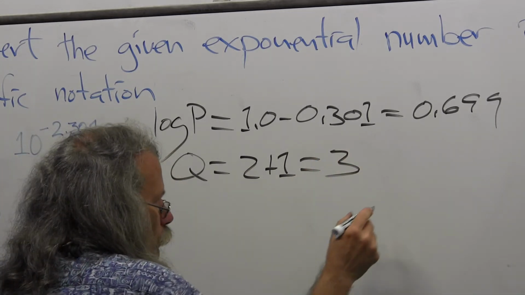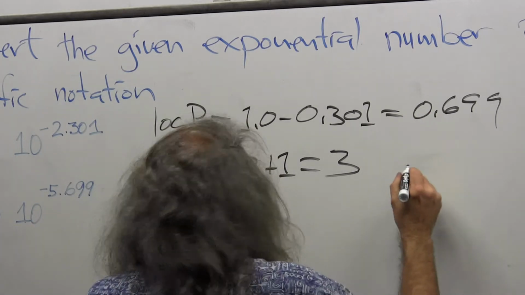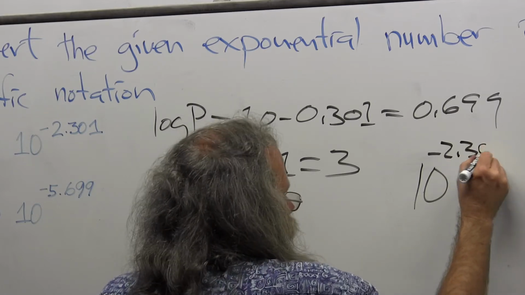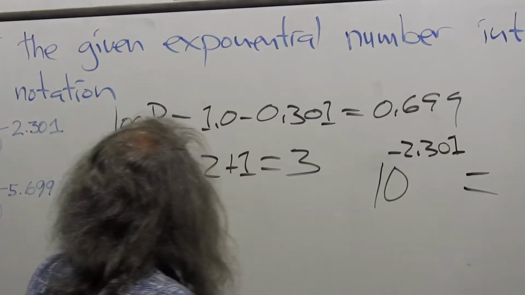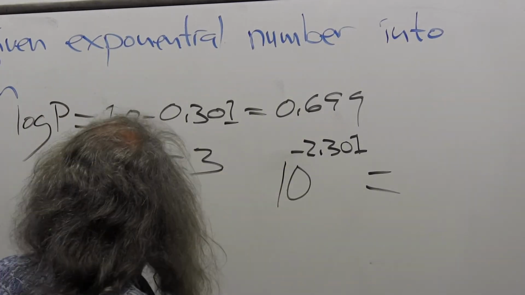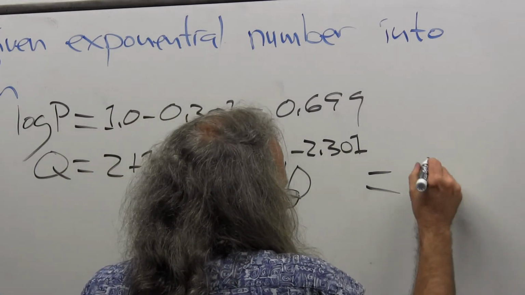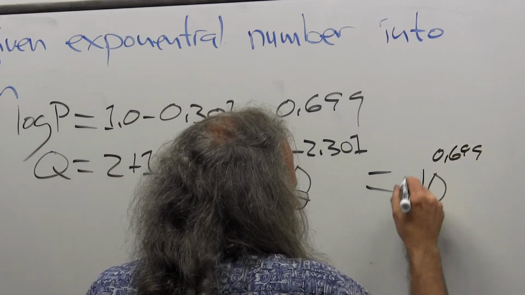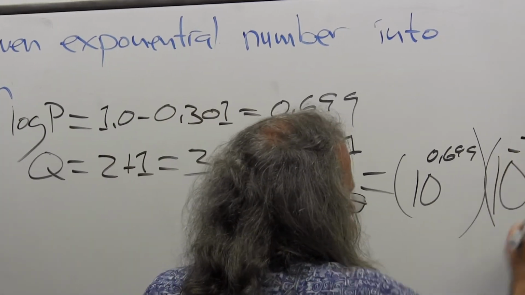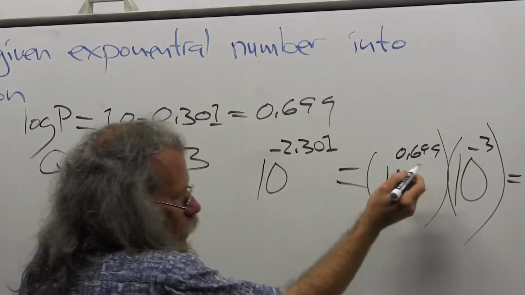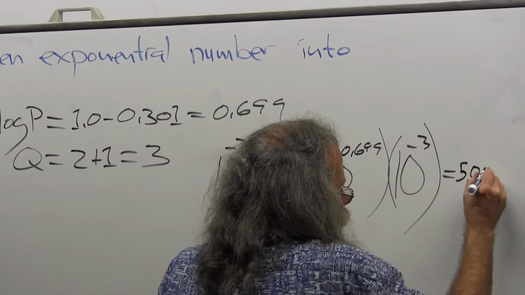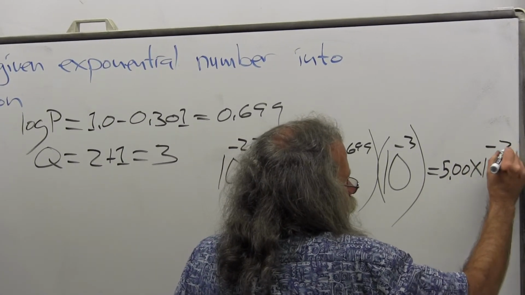And therefore, the number 10 to the minus 2.301 is equal to, the log of p is 0.699. Well, let's just go ahead and put that. 10 to the 0.699 times 10 to the minus 3. And then we recognize this as 5. 10 to the 0.699. So it's 5.00 times 10 to the minus 3.